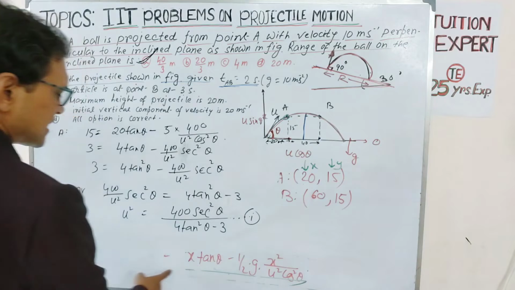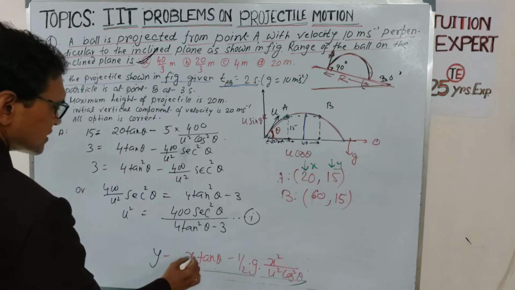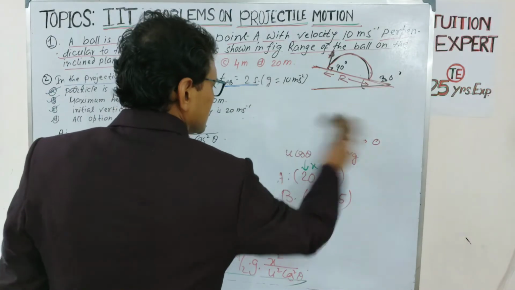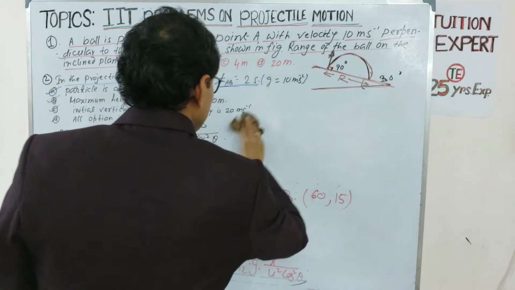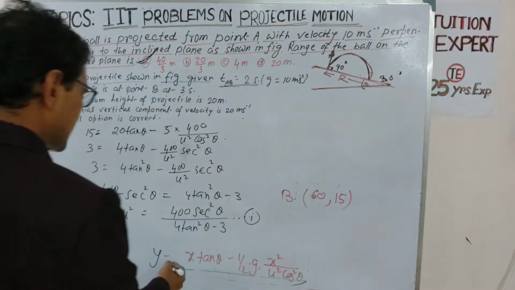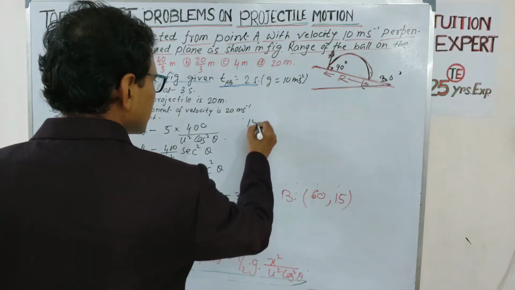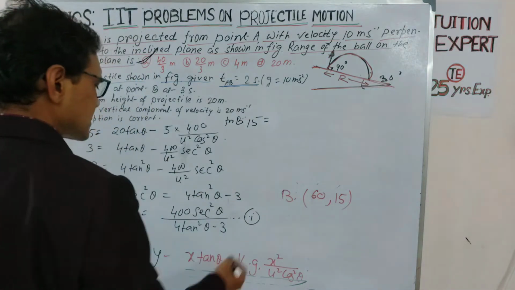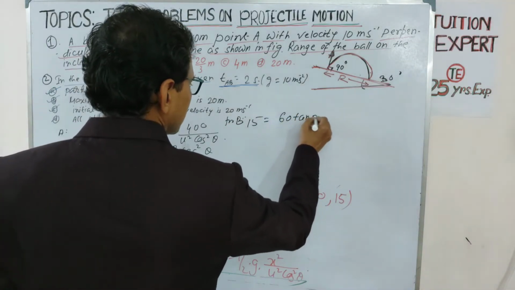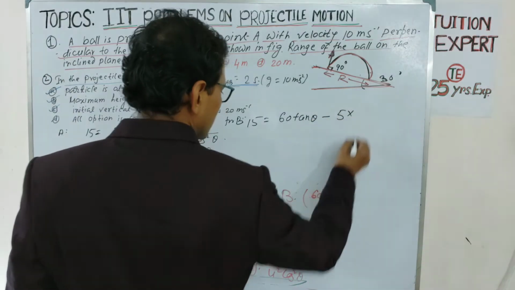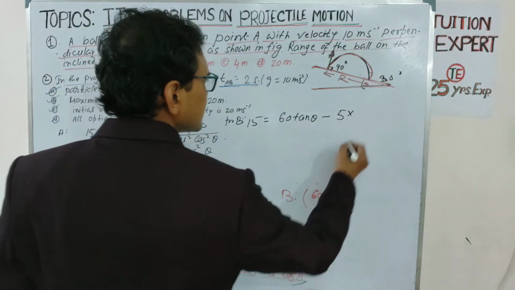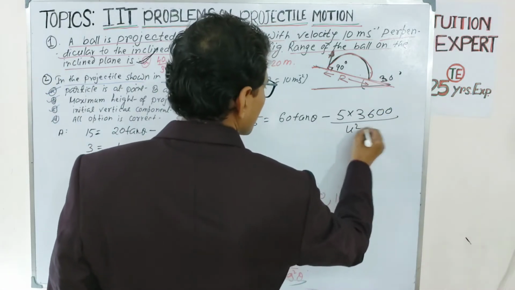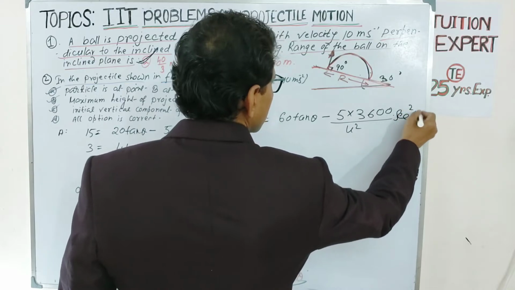Now the point B also satisfies the equation y equal to this. So B also satisfies the equation. So y equal to 15 for B, y equal to 15, x equal to 60, minus 5 into x square, means 3600 by u square into sec square theta.